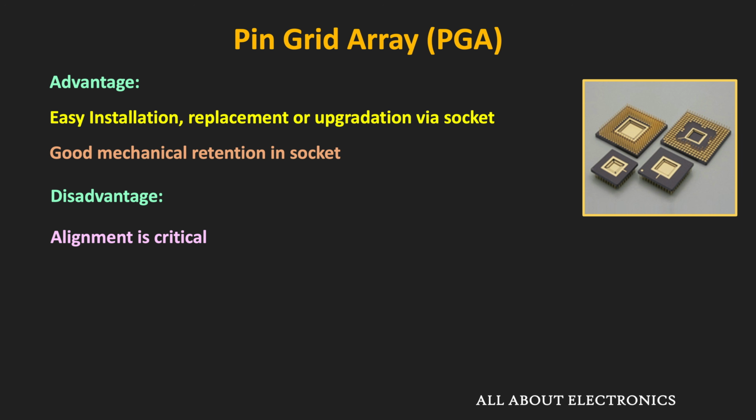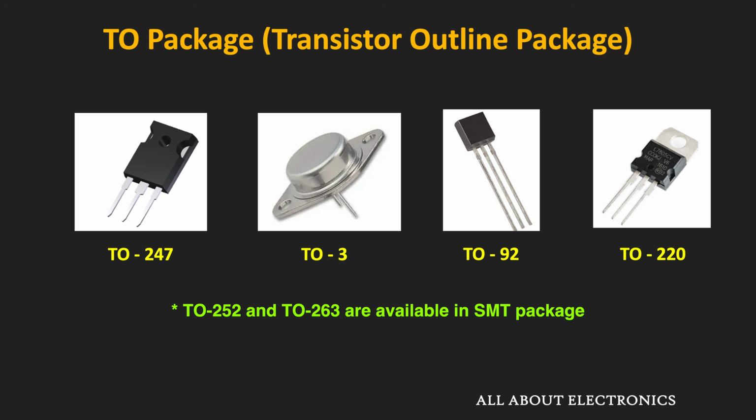So as we have seen, DIP, SIP and PGA are examples of through-hole packages. And similar to these packages, most of the TO packages or variants of the TO packages are also available in through-hole packages. So let us also briefly talk about this TO package. Here, this TO package refers to the transistor outline package.